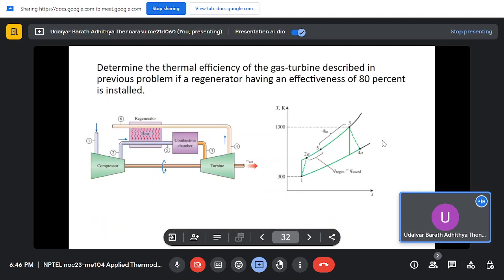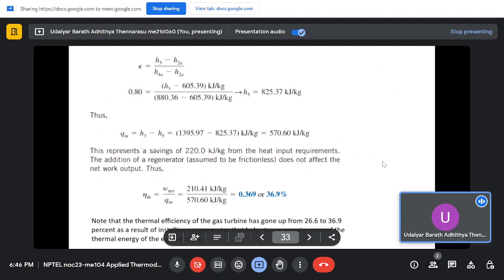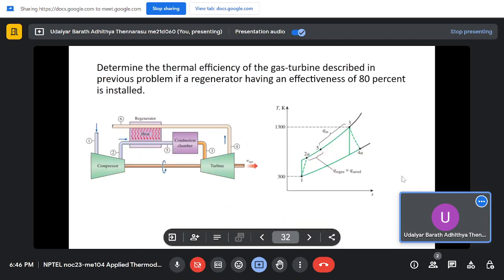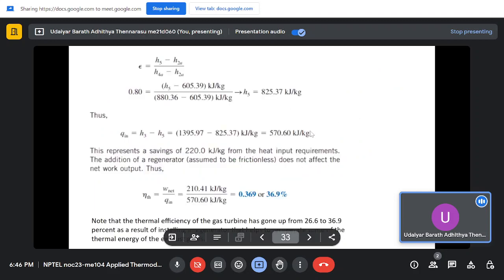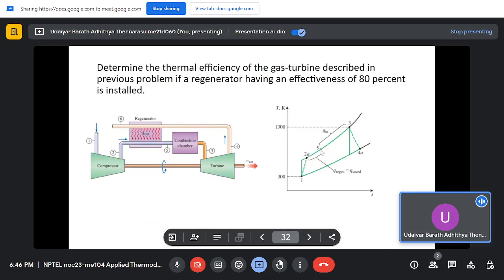So we know here that the regenerator is of effectiveness 80%. If the regenerator is of 80%, then the maximum heat which it can provide is H4a minus H2a, and the actual which is obtained is H5 minus H2a.